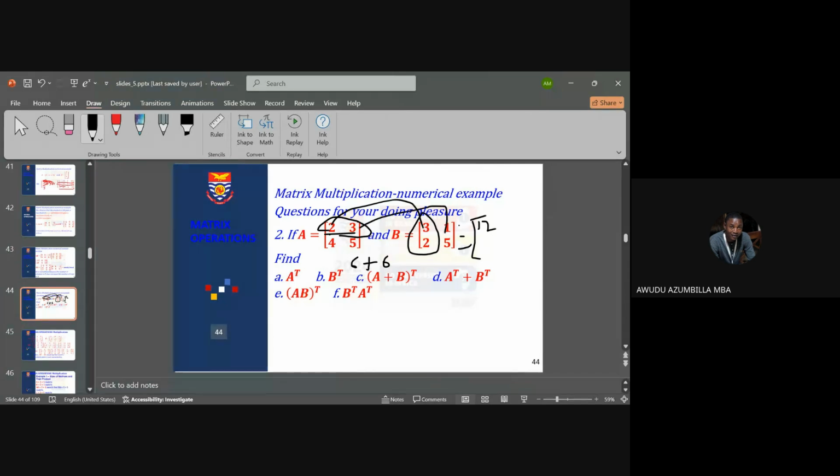Then you take the same row and multiply the second column. 2 by 1 is going to give us 2, plus 3 by 5 is going to give us 15. So here is going to give us 17. Then you go to the second row.